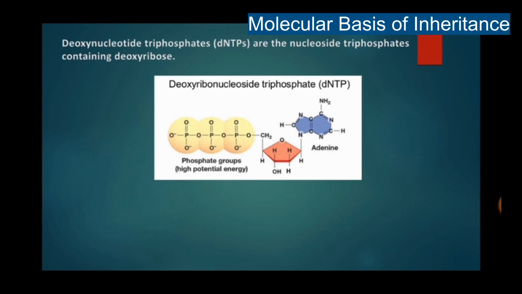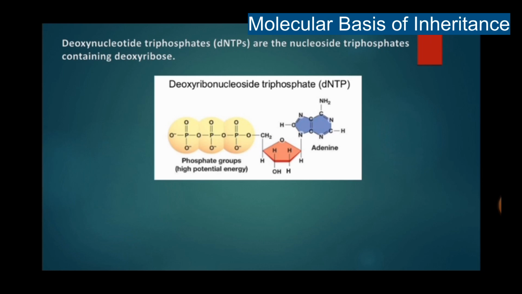When this deoxyribonucleoside combines with a triphosphate, like how we have ATP, that is adenosine triphosphate, it becomes a very high energy molecule because high energy is stored in the phosphate bonds, right? So this is the structure of deoxyribonucleoside triphosphate. It looks something like that.